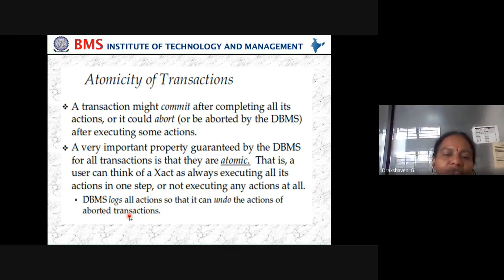We go back to the history and check there, because we can't remember everything. But sometimes we delete all the things, then we cannot retrieve them, or I cannot visit the same URL again because I don't remember so many URLs. So the DBMS logs all actions so that it can undo the actions of an aborted transaction.